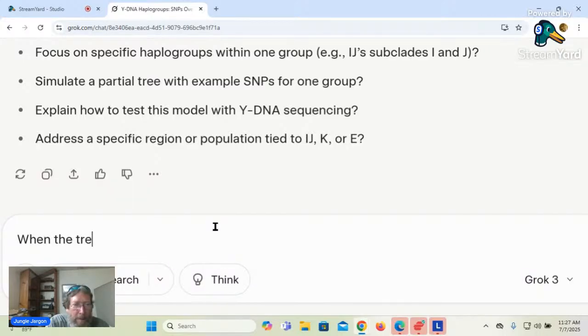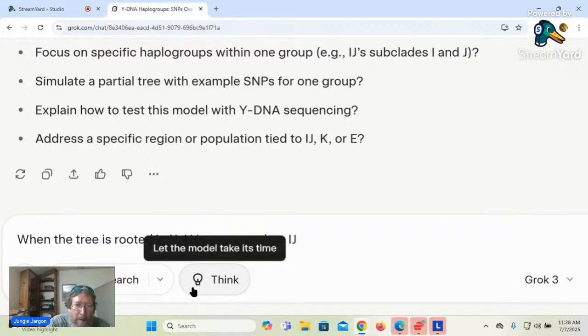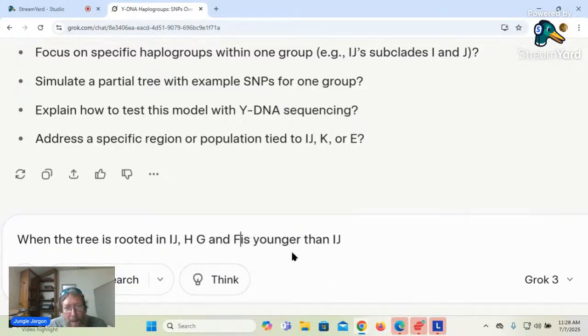When the tree is rooted in IJ, H is younger than IJ. H, G, and F are younger than IJ.